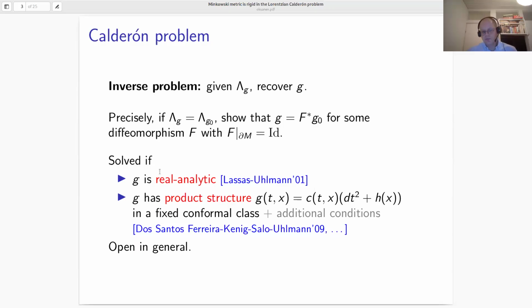What I was worried about for a while is that for this type of inverse problems, for geometric inverse problems for PDEs, there seemed to be some hidden real analytic assumption. All these positive results have some sort of real analytic feature.